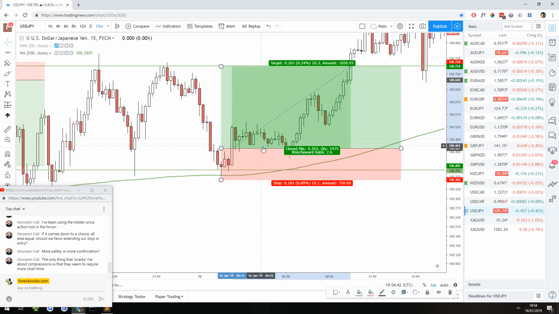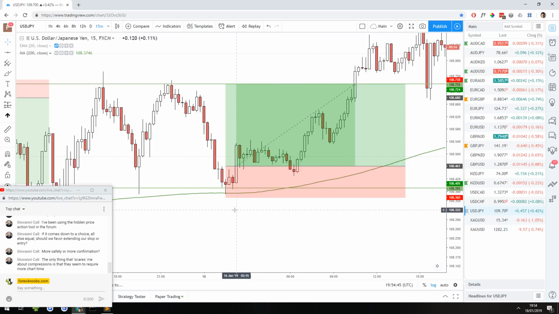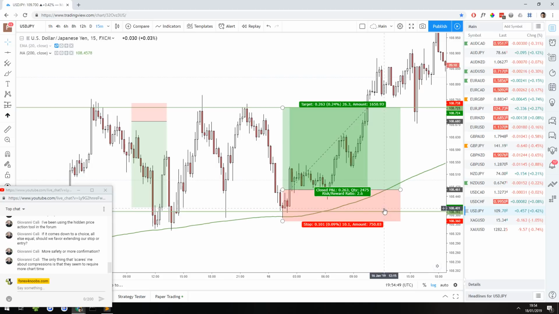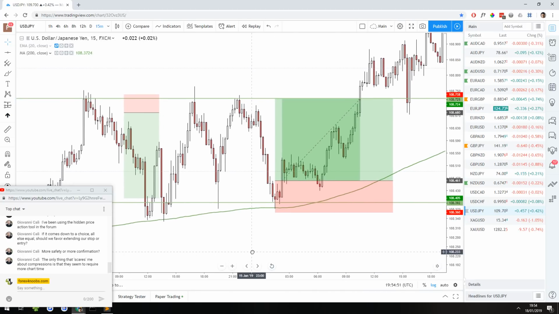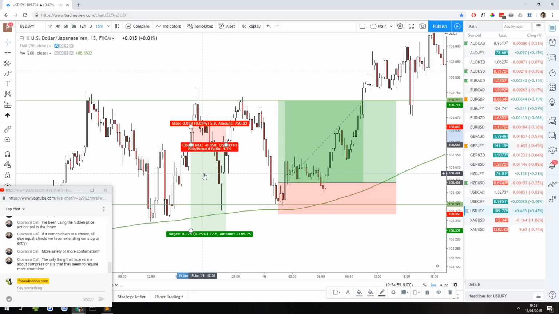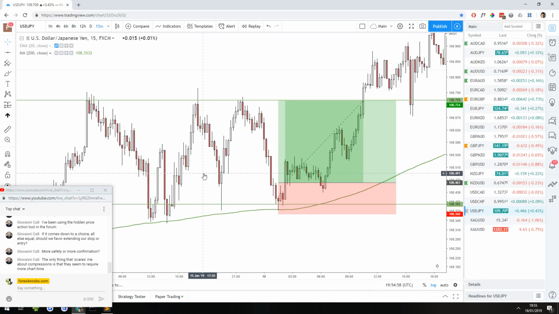Still maintain a good risk to reward ratio. That would have been an easy one. They certainly require more chart time. If you don't want to spend more time looking at your charts, then compressions are definitely not for you.